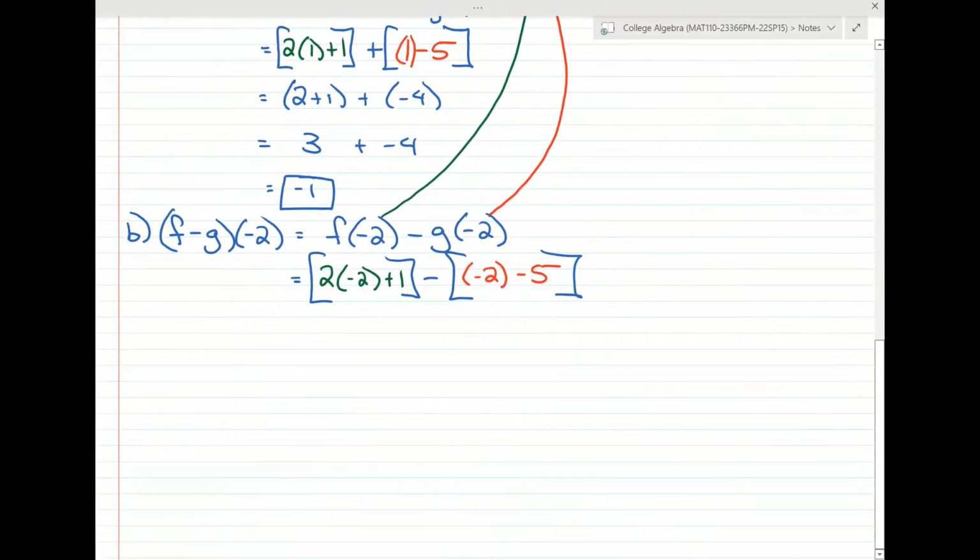I'm going to put that whole thing in parentheses just to make sure that I don't forget to distribute anything. 2 times negative 2 is negative 4, plus 1 is negative 3. Negative 2 minus 5 is negative 7. Negative 3 plus 7, of course, is 4.